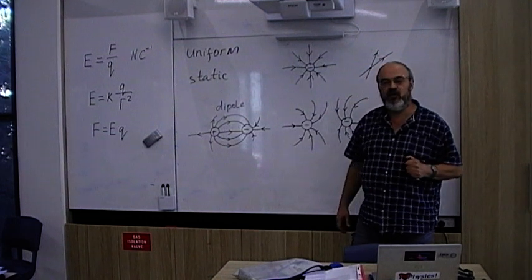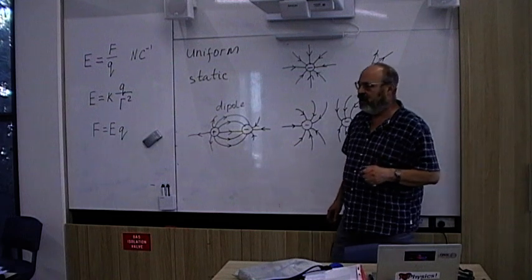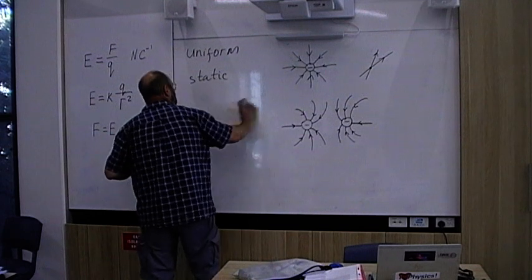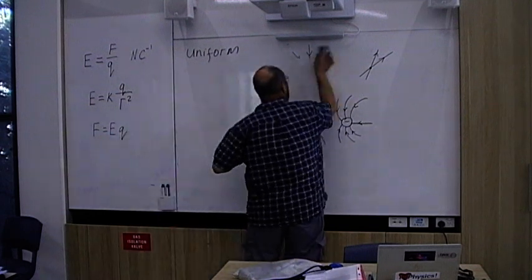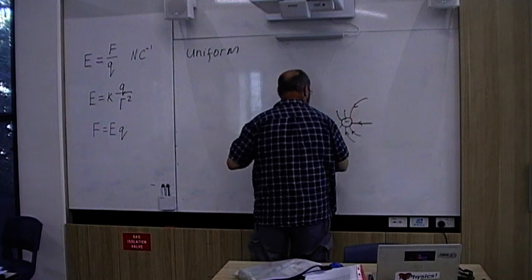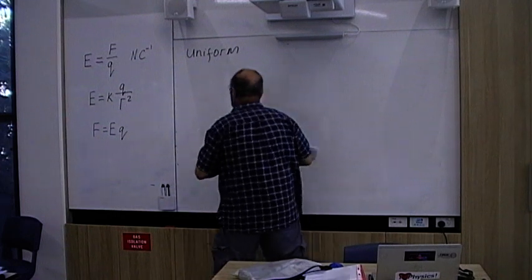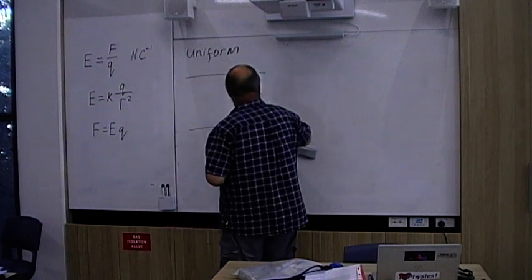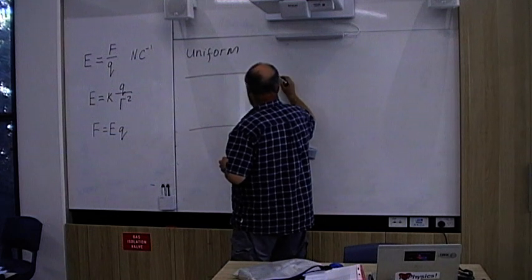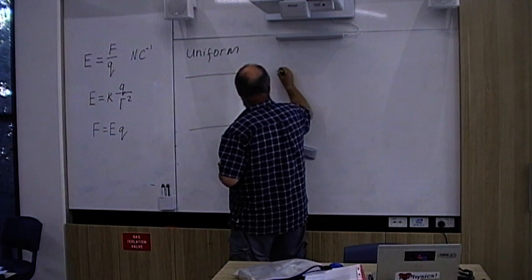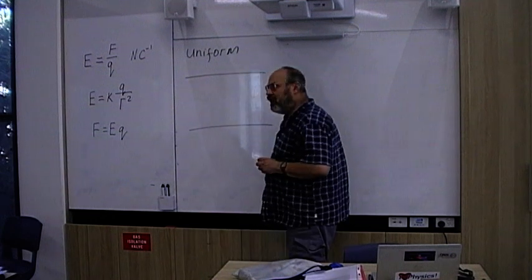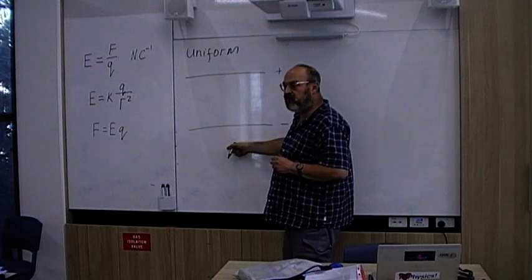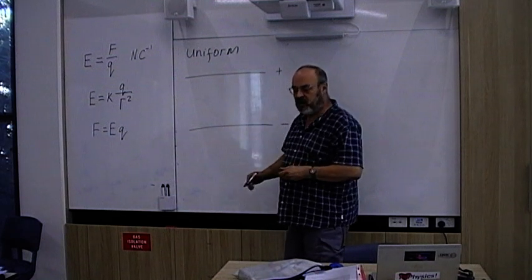How can we make a uniform electric field? If you have two parallel metal plates, and let's say this one is plus, this one minus, in the space between them the field will be uniform.